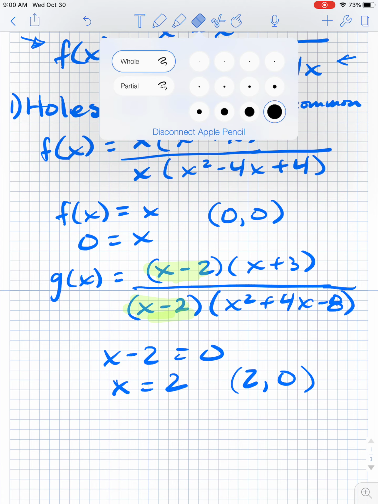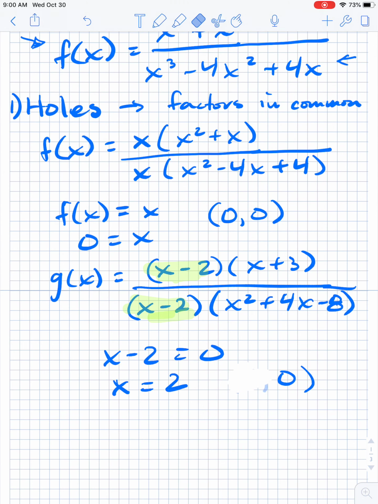In your graph, anytime that x is equal to 2, there's going to be a hole. So like when you graph your function at x is equal to 2, wherever your function is at 2, like here, there will be a hole in that function.